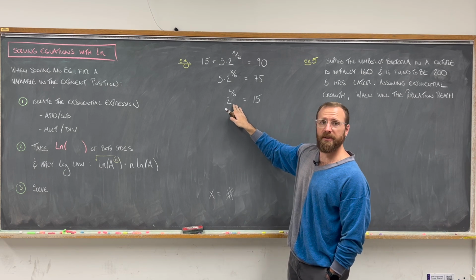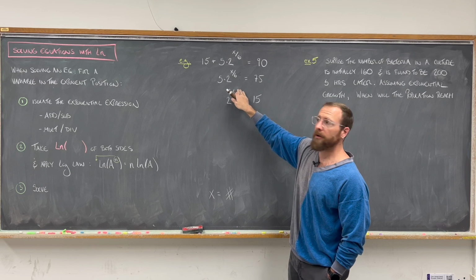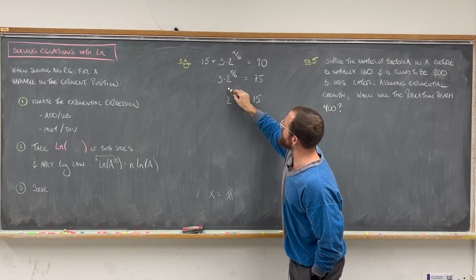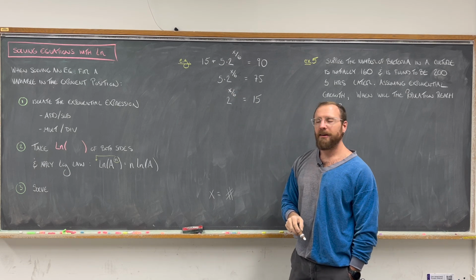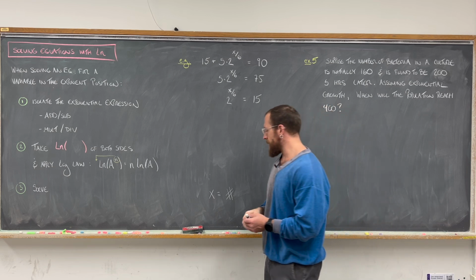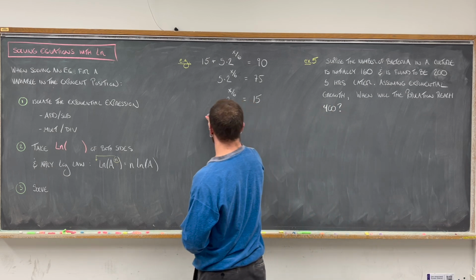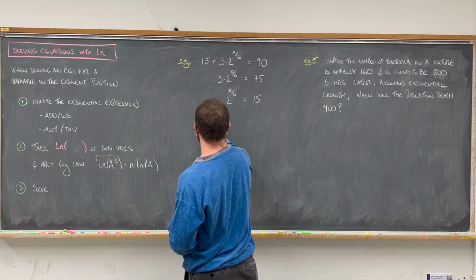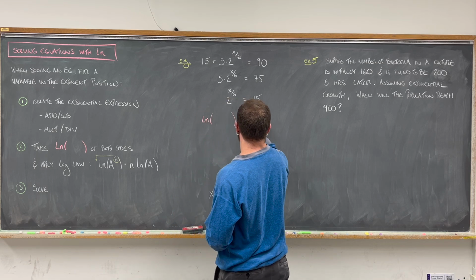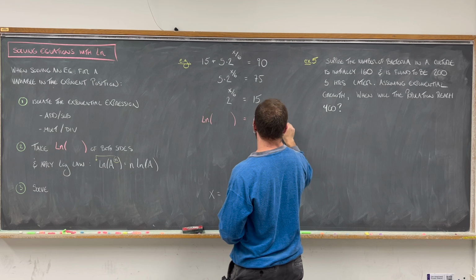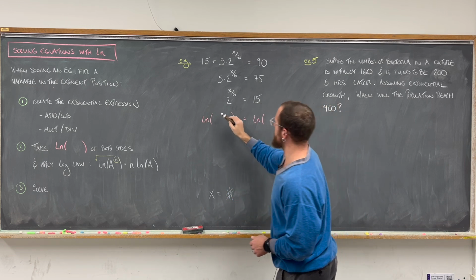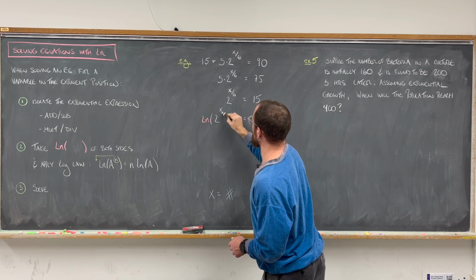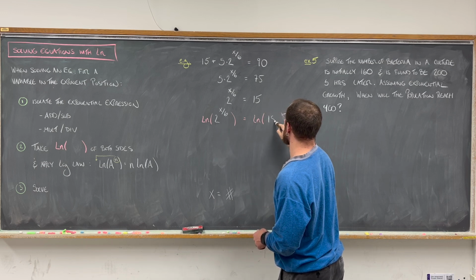Now I've isolated the exponential expression. The only thing on the left-hand side is 2 to the power x over 6. Okay? Now it's time to take logarithms. So I'll write it out as the next step. I take ln of the left-hand side equals ln of the right-hand side. Of course, that's 2 to the power x over 6, and this is 15.